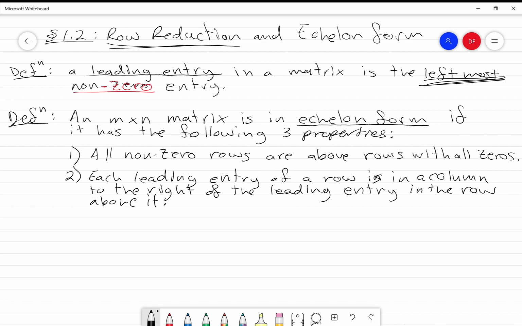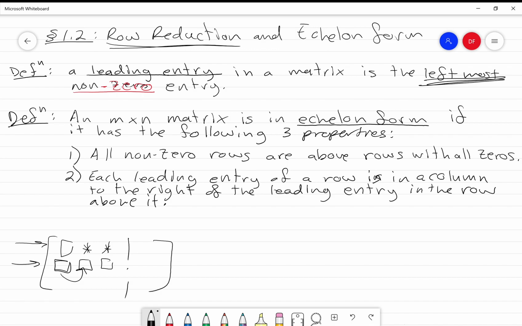What does this mean? This means that if I have a matrix, the leading entry here, let's say it's right here, then in this row, the leading entry cannot be here, because the one in the row above it is here, this one has to be to the right. It has to be here or here.